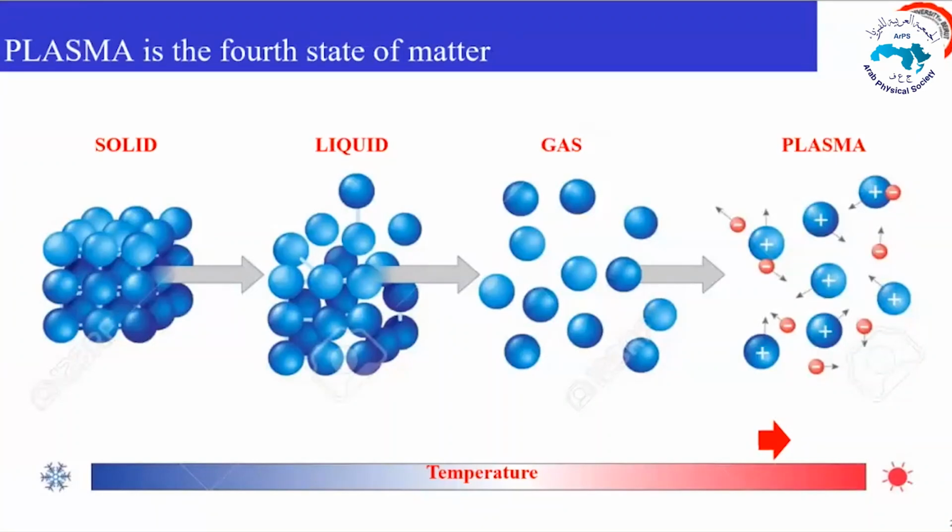So what is a plasma? Plasma is a fourth state of matter. We go from solid to liquid by heating up the solid, then from liquid to gas by heating up the liquid, and then from gas to plasma by also applying heat.